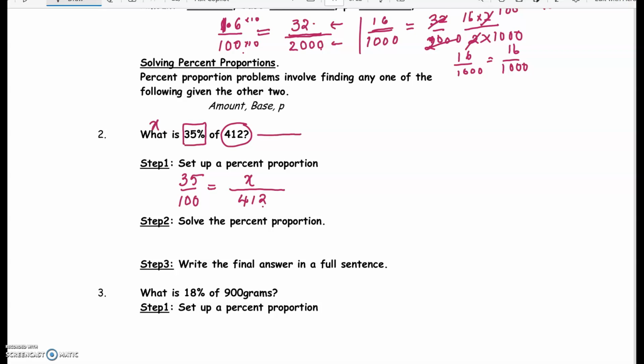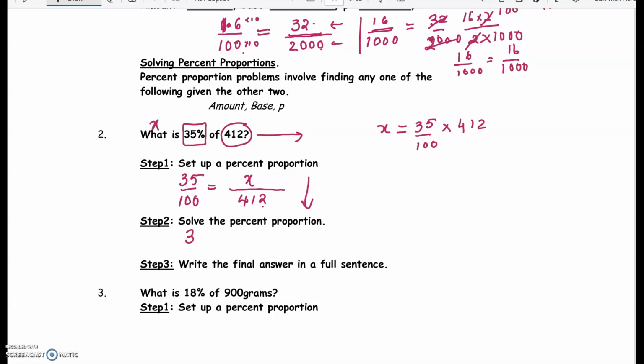Now, if we read this sentence, X is equal to 35% of, so times a fraction of the whole. That's just another way of solving the exact same equation. How do we solve this percent proportion?